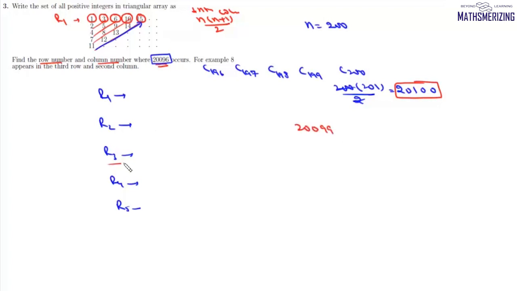Now for R3 C198 it will be 20098. Now for C197 and R4 it will be 20097, and then finally at C196 and R5 this number will be 20096. So this number 20096 appears at 5th row and 196th column.